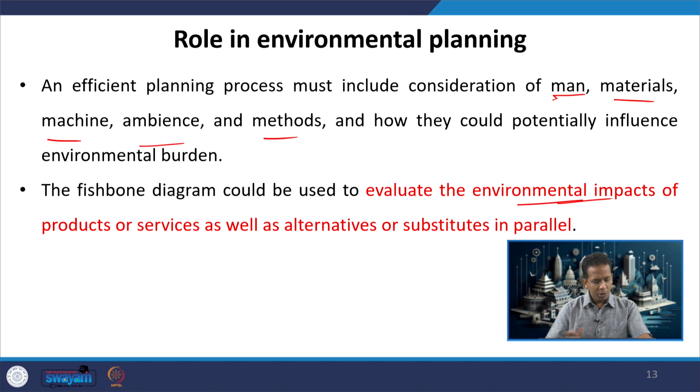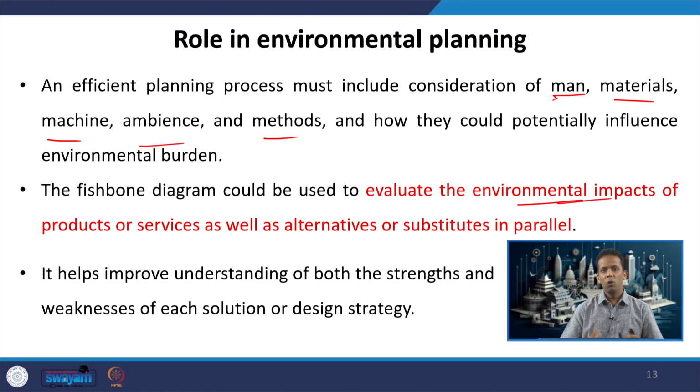If we have different products and services, and some alternative products and services, and we have to make a comparison of which of them is better on the basis of environmental impacts, fishbone diagram like tools can be used for it. It also helps to improve or do the SWOT analysis.